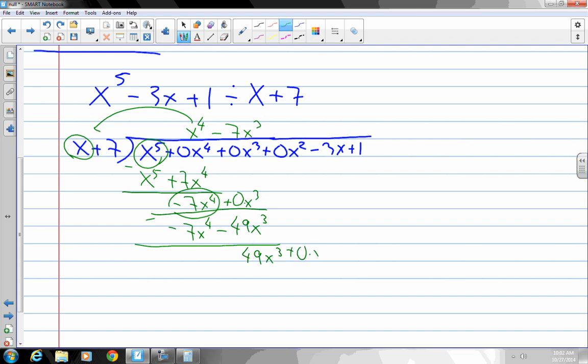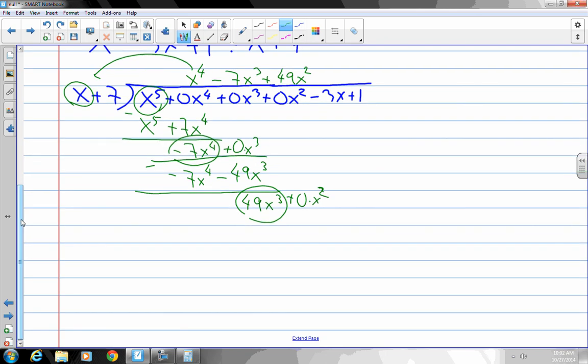Now another 0 falls down. Repeat the process. 49x cubed divided by x is just what? 49x squared. Multiply again. So it's 49x cubed plus, well, this is going to get really big.